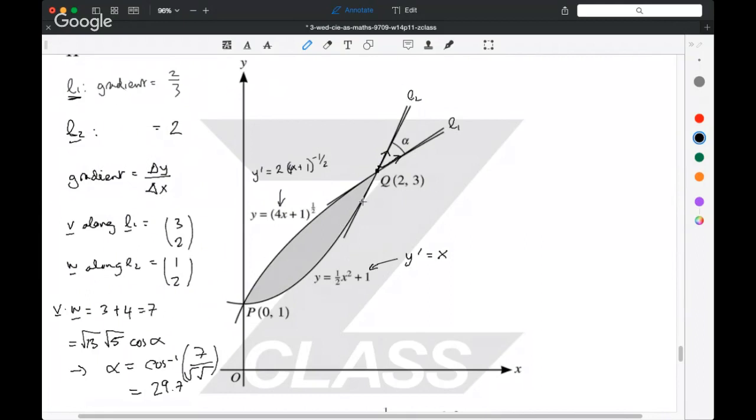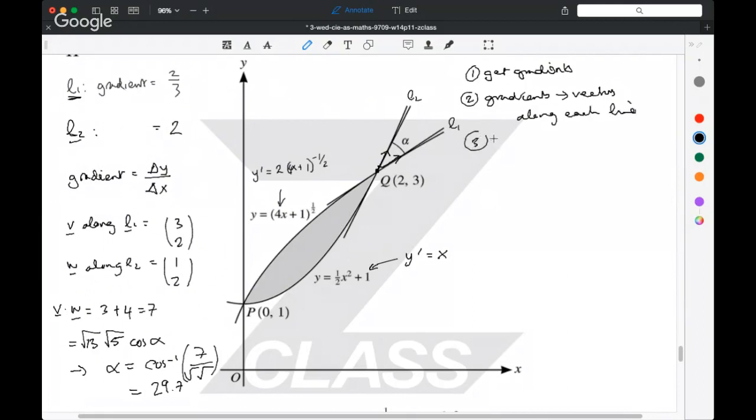So the thinking here was to look at these two lines. Step 1, get gradients of the lines. Step 2, turn the gradients into vectors along each line.